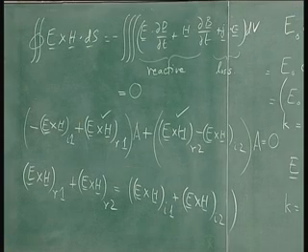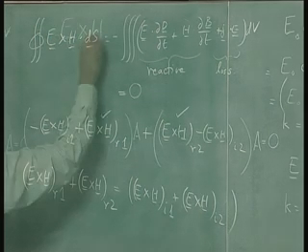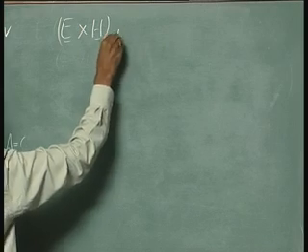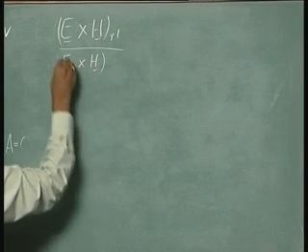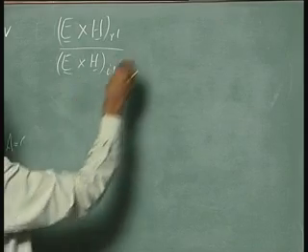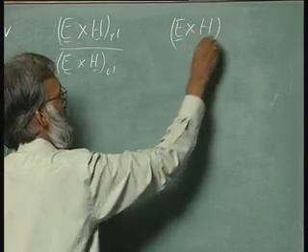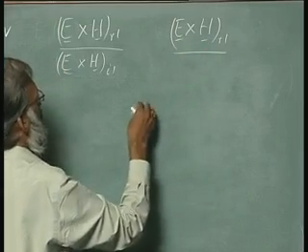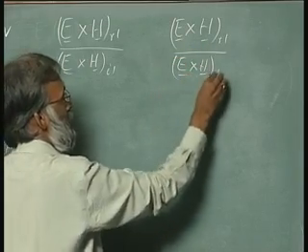So, I could say E cross H reflected in region 1 due to E cross H incident in region 1, the same E cross H reflected in region 1 due to E cross H incident in region 2.